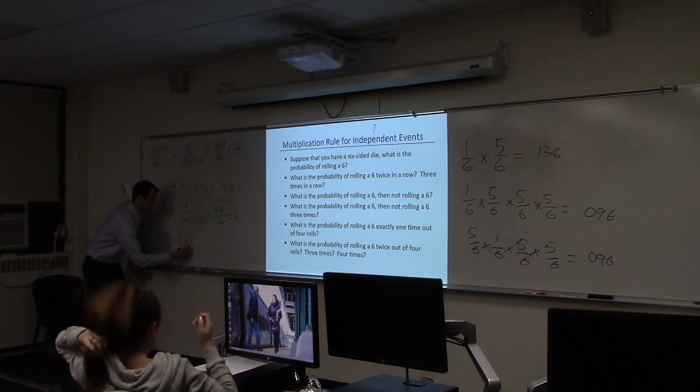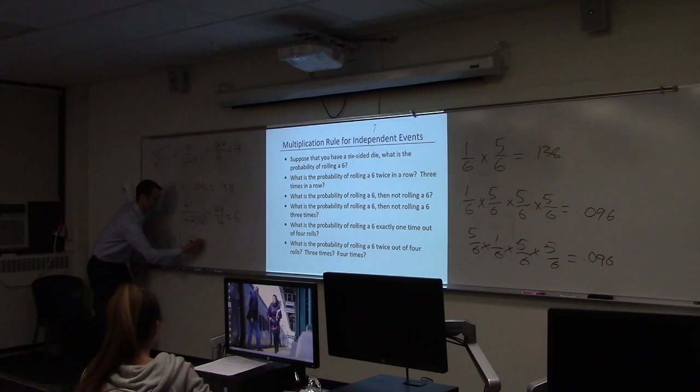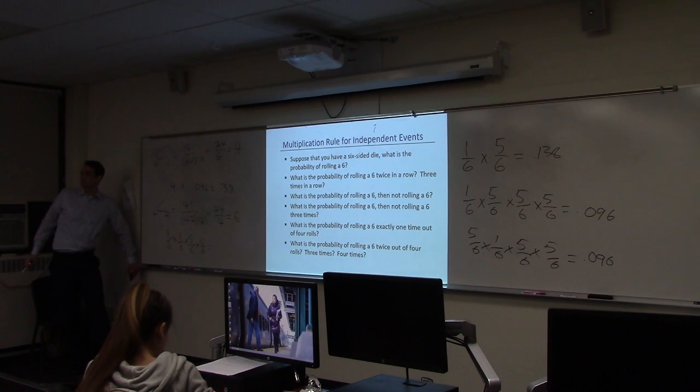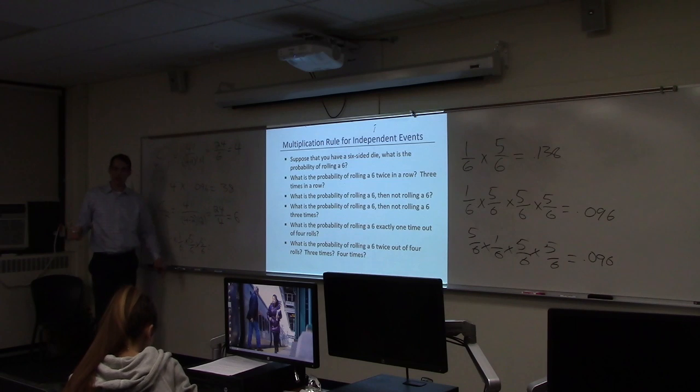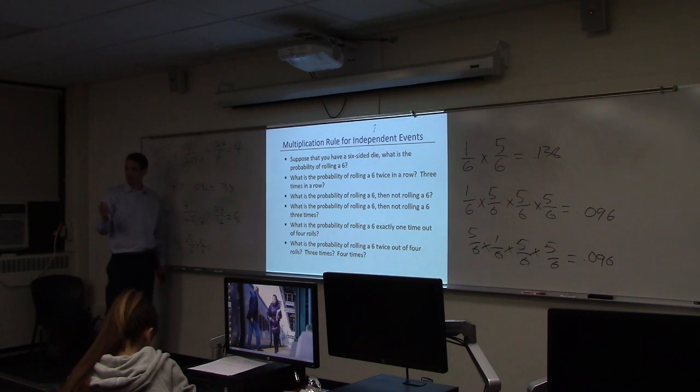Not a 6 the third time, and not a 6 the fourth time. That's a way it could happen, right? And there are 6 different ways that could happen, and I would just rearrange all that. So 1/6 times 1/6 times 5/6 times 5/6. Somebody have the answer for me?